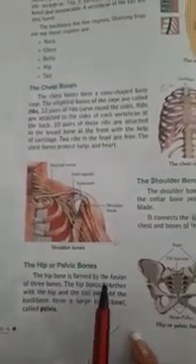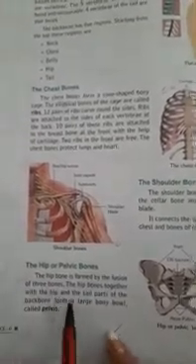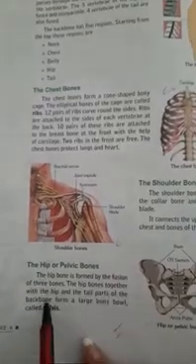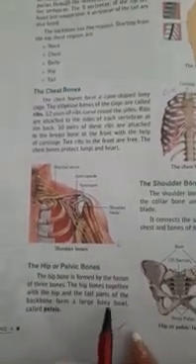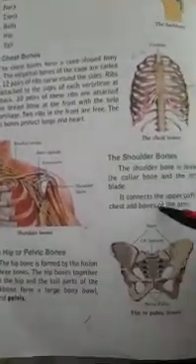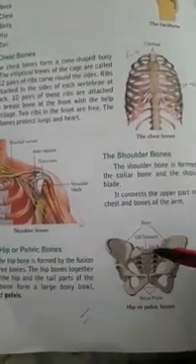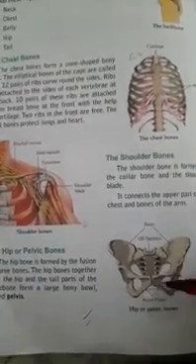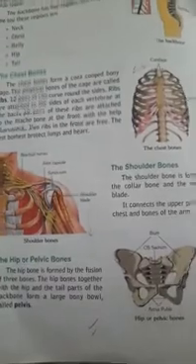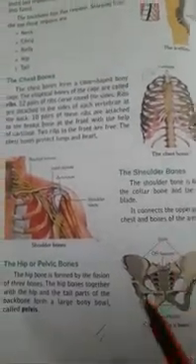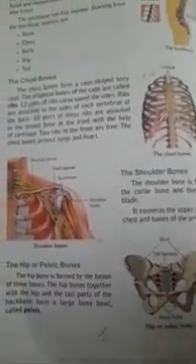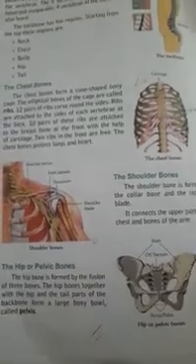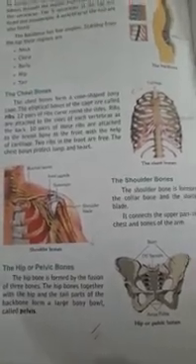The hip bones, together with the hip and tail parts of the backbone, form a large bony bowl called the pelvis. Here you see the ilium, ischium and pubis. Three bones fuse together and make the hip bones.